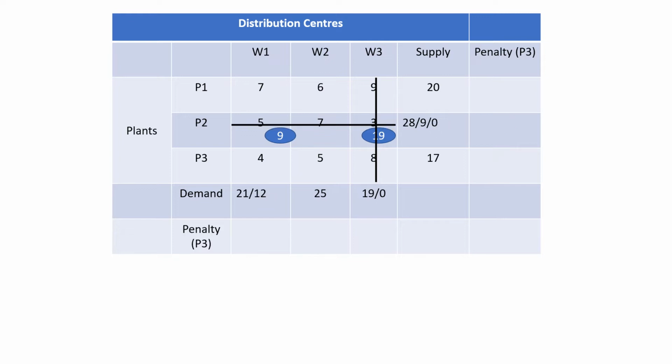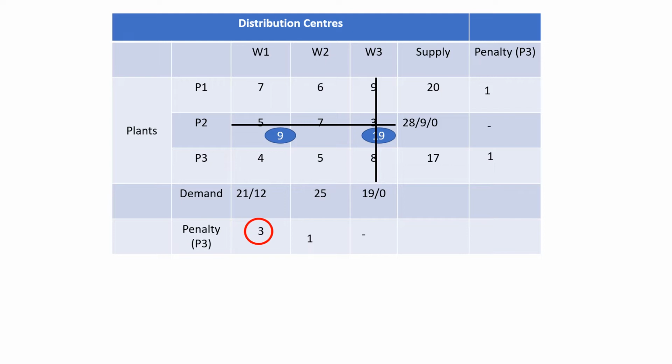Right? Now, same thing. We will calculate the penalty again. That is penalty P3. So it's 1, dash, 1, 3, and then 1, and then again dash. So highest penalty is 3. Right? So we have identified the column with the highest penalty 3, that is W1.